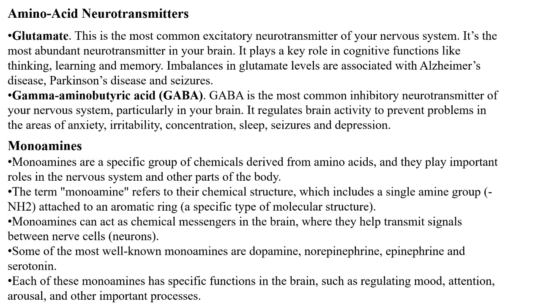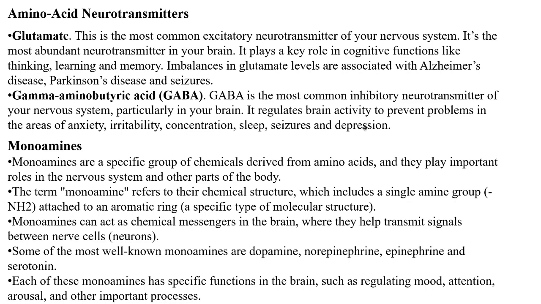Then GABA. GABA is the most common inhibitory neurotransmitter of your nervous system, and it regulates brain activity to prevent problems in areas of anxiety, irritability, concentration, sleep, seizures, and depression. Then there are monoamines. Monoamines are a specific group of chemicals derived from amino acids and they play an important role in the nervous system and other parts of the body.